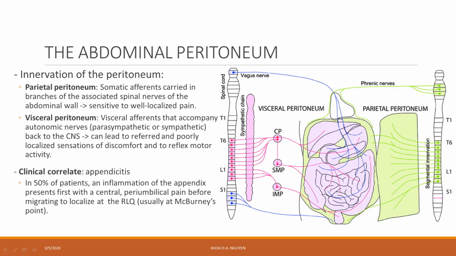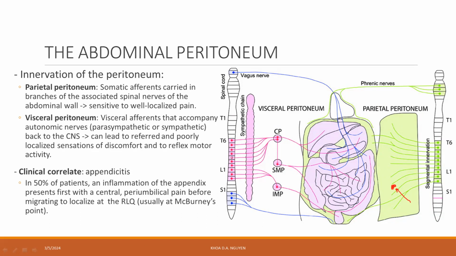So the parietal peritoneum, in short, is very sensitive to well-localized pain, which means if you are hurt here, for example, in the parietal peritoneum, you will know that you are hurt exactly here. But for the visceral peritoneum, there are visceral afferent neurons that accompany autonomic nerves, the parasympathetic or sympathetic nerves, back to the CNS.